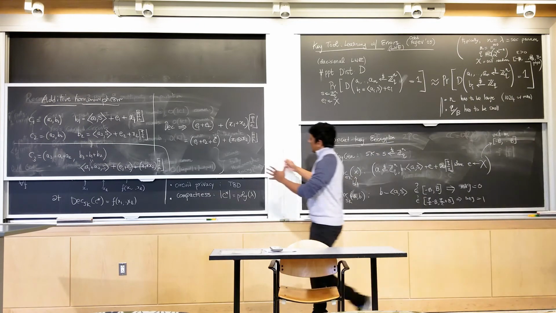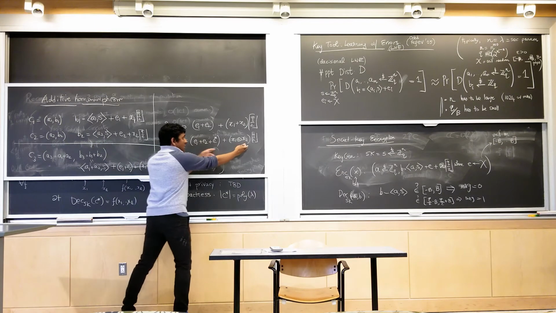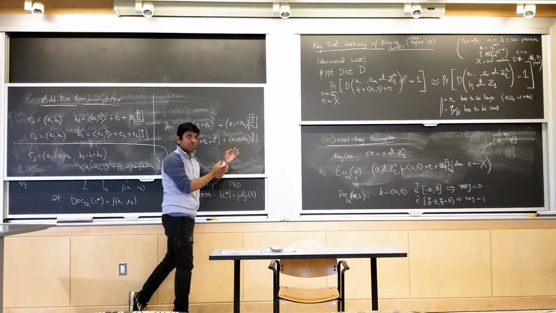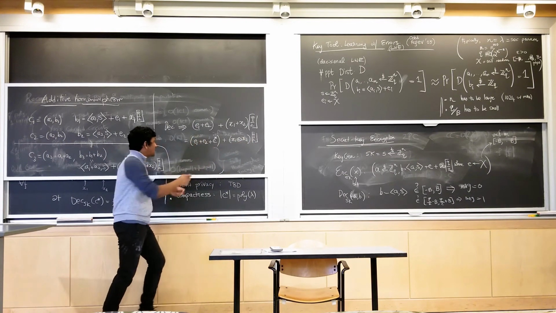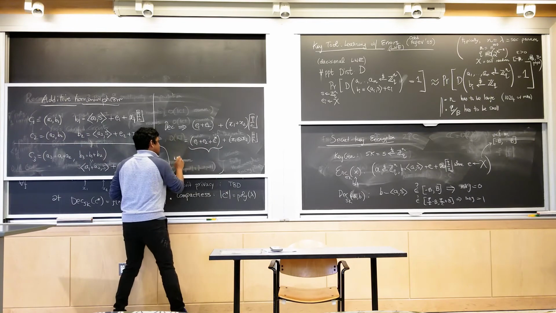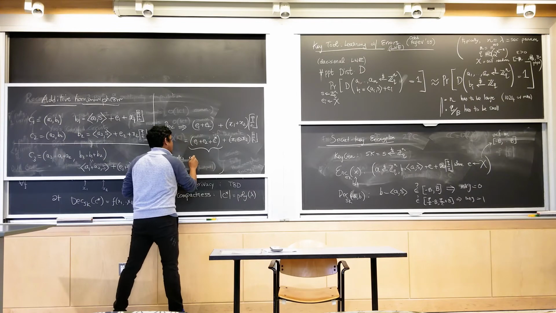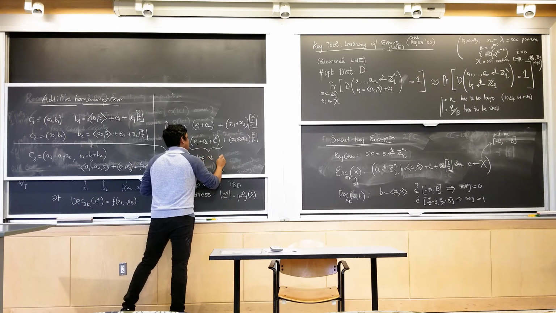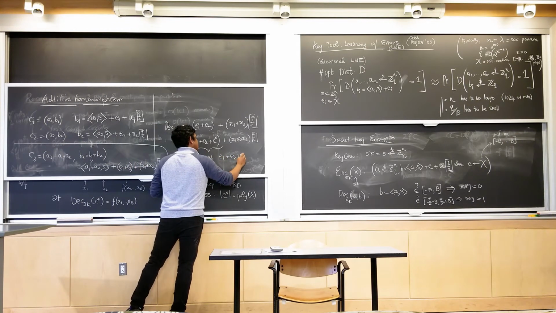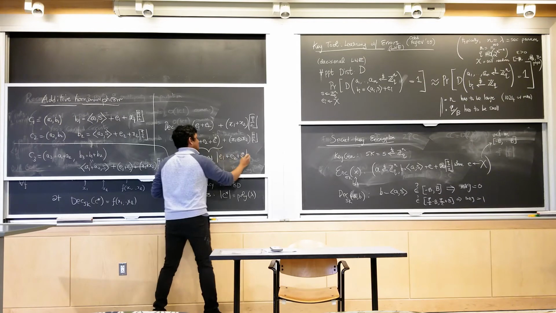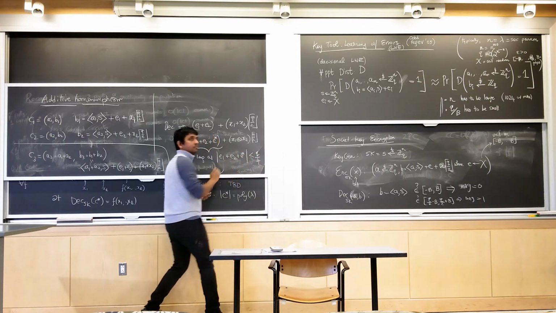So when I decrypt it, I'm going to check if this number is close to Q over 2 or close to 0. And I will get the correct answer, which is the XOR of the 2 bits, as long as the absolute value of E1 plus E2 plus E star is smaller than Q over 4.